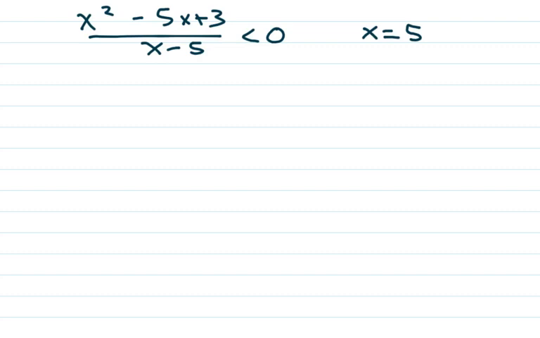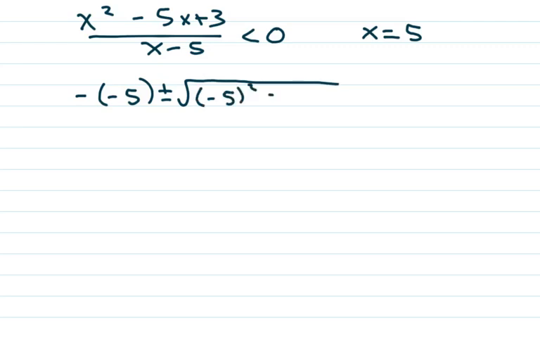Now I'm going to use the quadratic formula. So that's going to be negative negative 5 plus or minus the square root of negative 5 squared minus 4ac, all over 2.